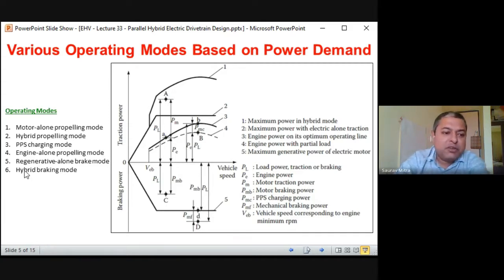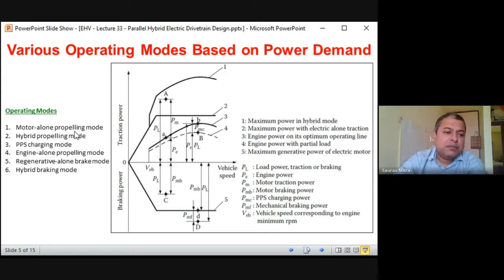So in hybrid braking, we will be finding mechanical and electrical together putting the braking function. So these two are the braking, and the above three are the propelling, and this is a PPS charging mode. This is not about propelling the vehicle. So if you categorize the six, you will be finding there are mainly three propelling modes. One is engine based propelling mode, one is motor based propelling mode, and one is hybrid propelling mode.